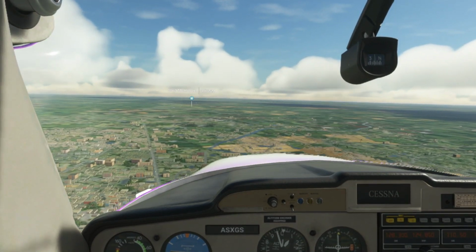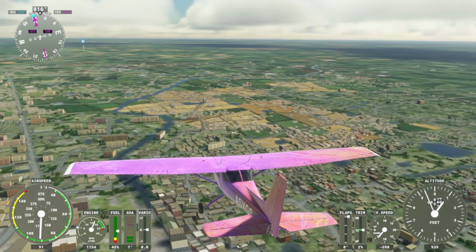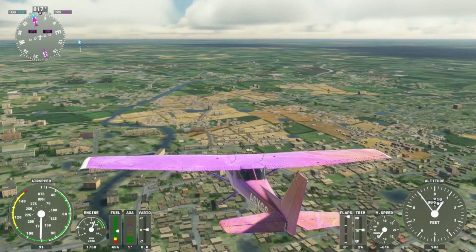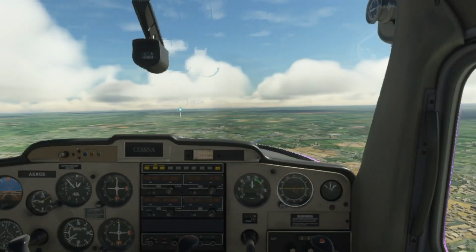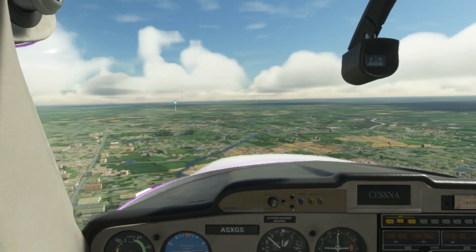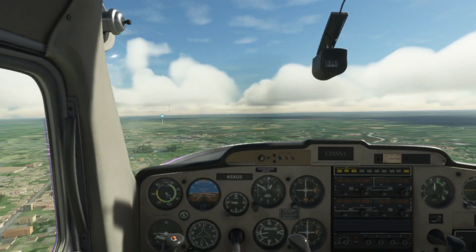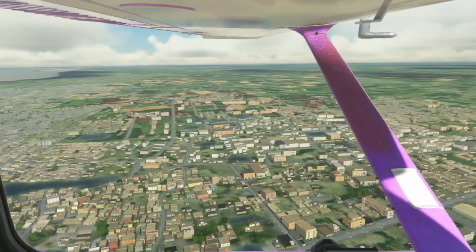That usually works. This is the city, Rajshahi city. All right. So now we are ready to land again.